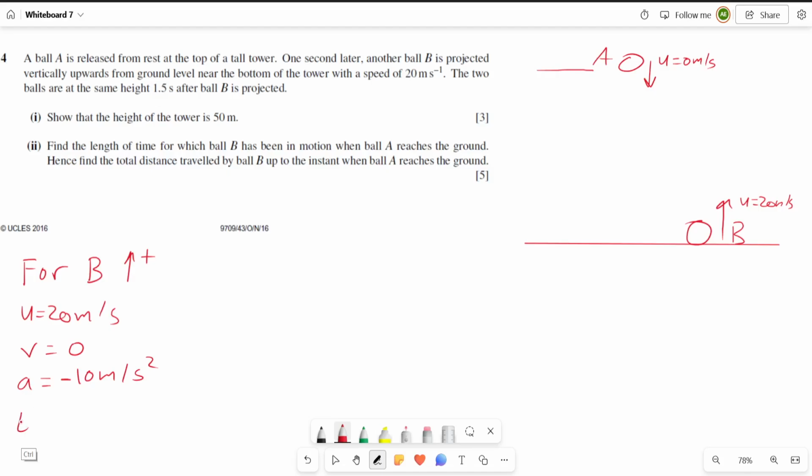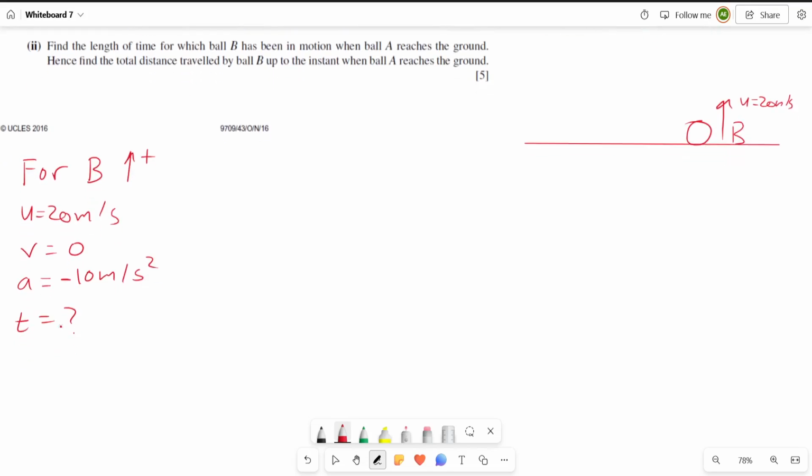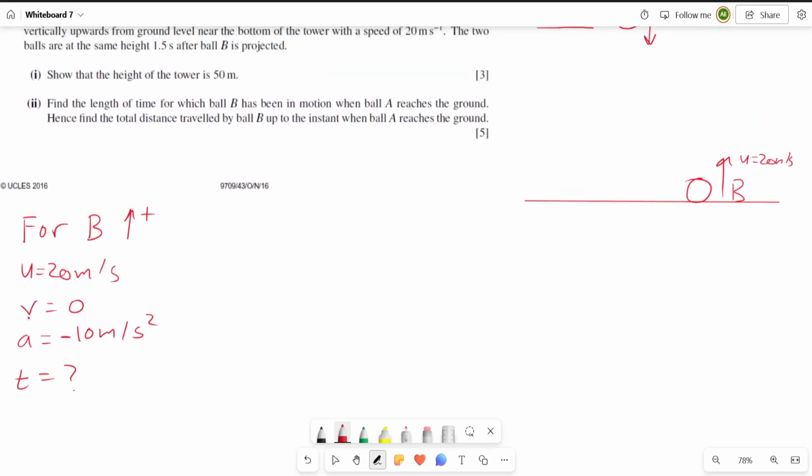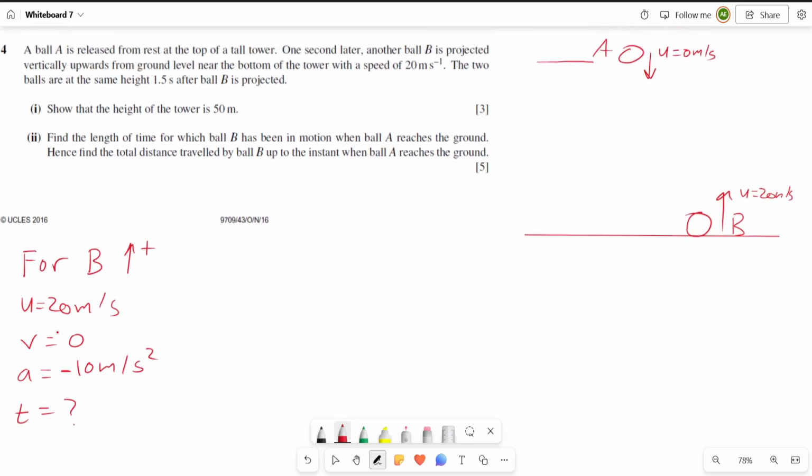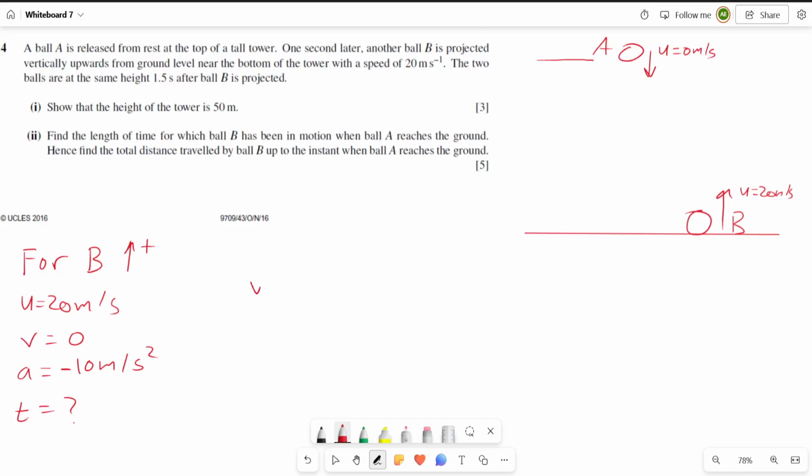And I want to know the time T. So I mentioned U, V, A, and T. I did not mention S, so I will use the equation which doesn't have an S: V equals U plus A T. So V is 0, U is 20, plus A is negative 10, and T is the thing I want to know. Moving the negative 10T to the other side, 10T equals 20, divide by 10, so T equals 2 seconds. So B will take 2 seconds to reach its maximum height.